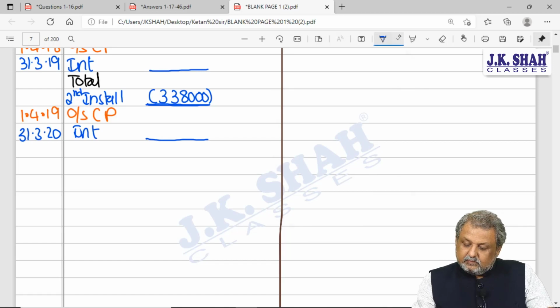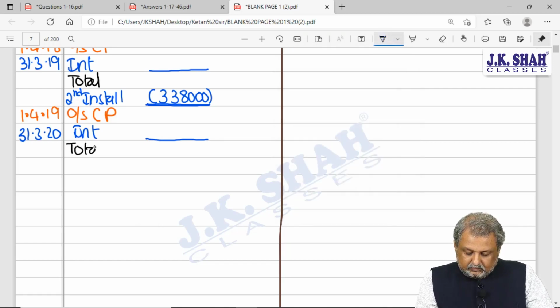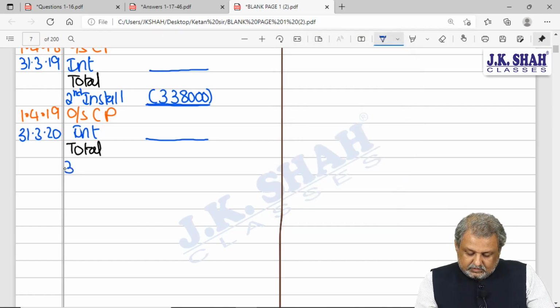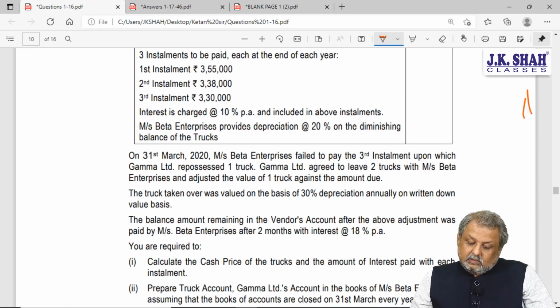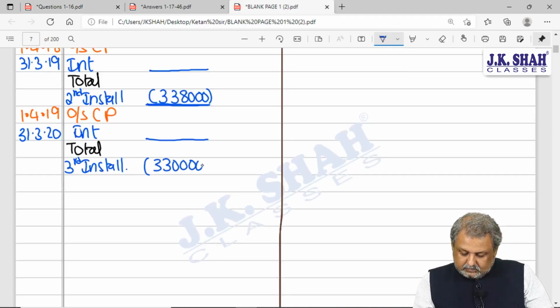interest, total, third installment. This is the last installment, 3,30,000. After that, the outstanding cash price must be 0.